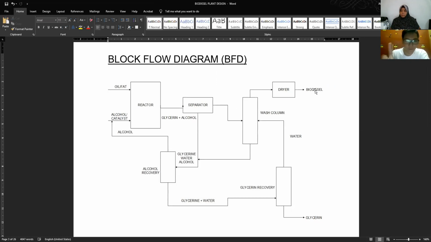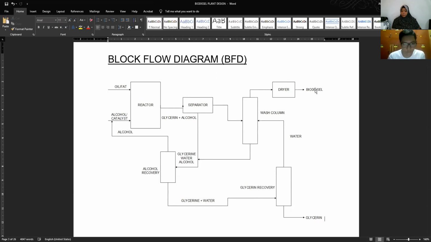And for the bottom channel, the glycerin and alcohol will go to the bottom channel along with water. The water that we use to wash the biodiesel will meet with glycerin and alcohol.